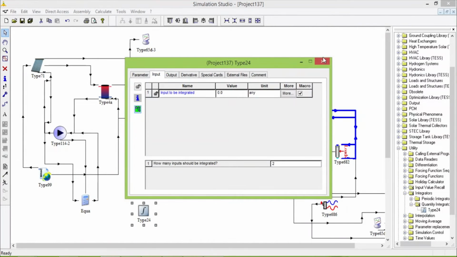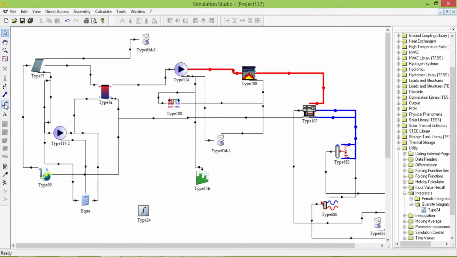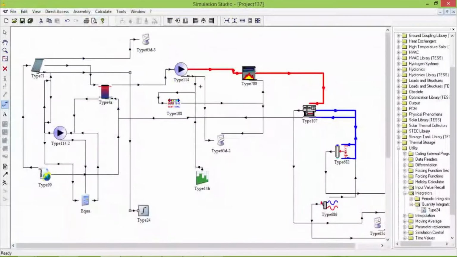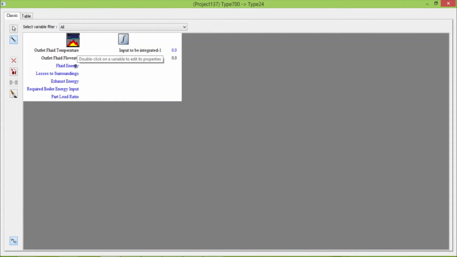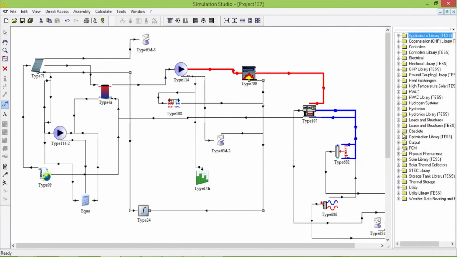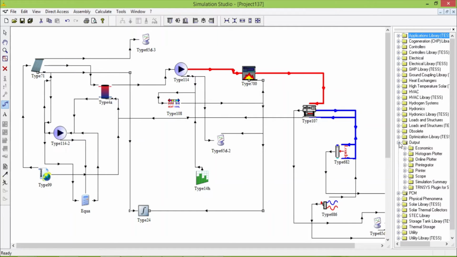We have two variables, so one is the useful gain and the other is the auxiliary load energy. Now we will print it. So we go to output, printer, unformatted, Type 25.